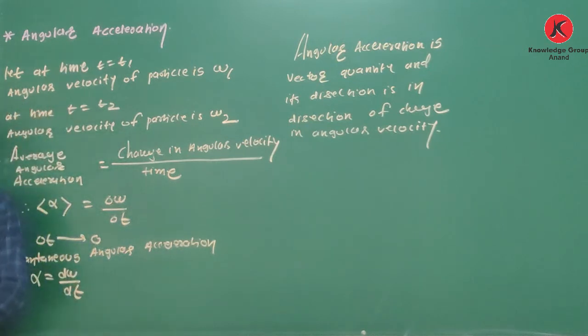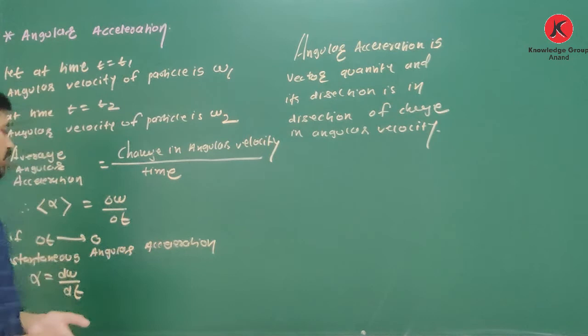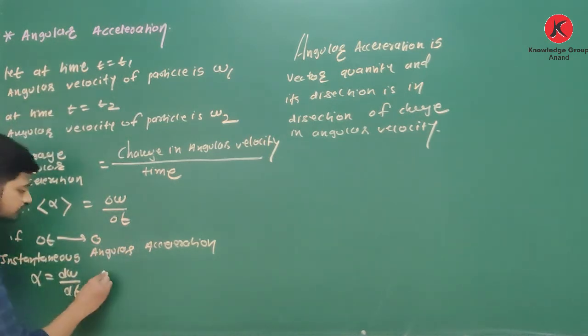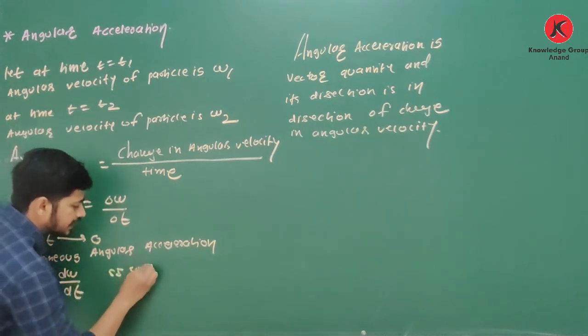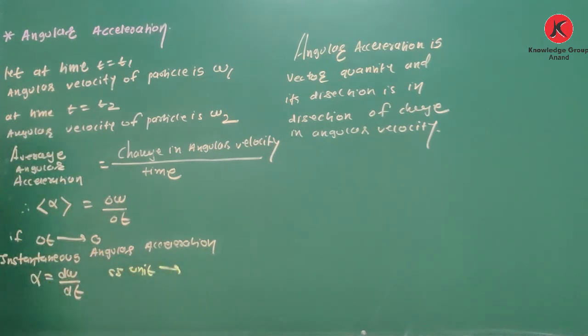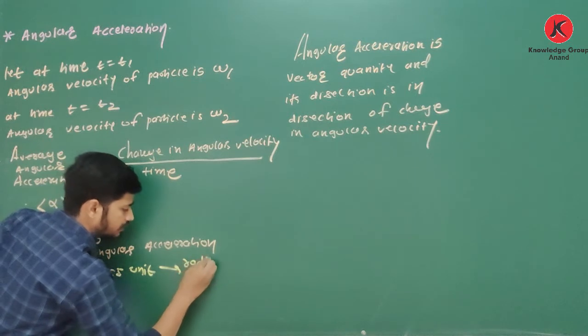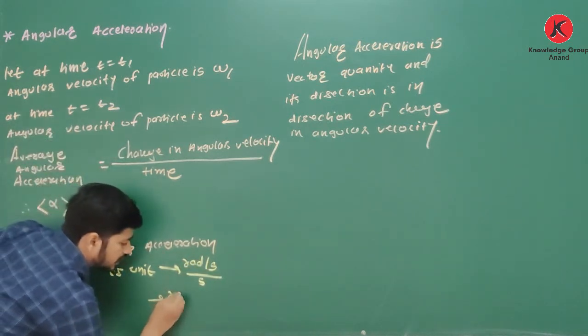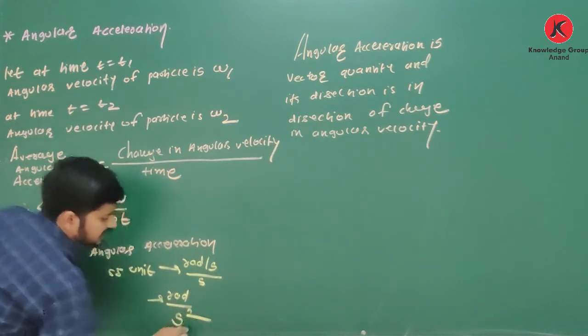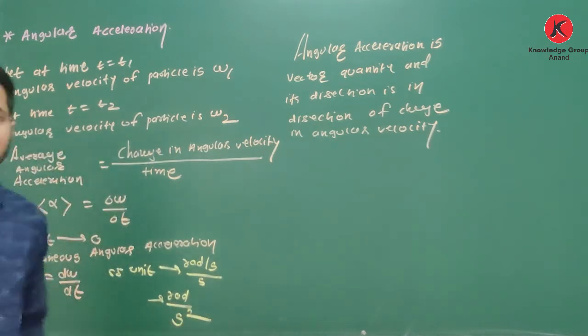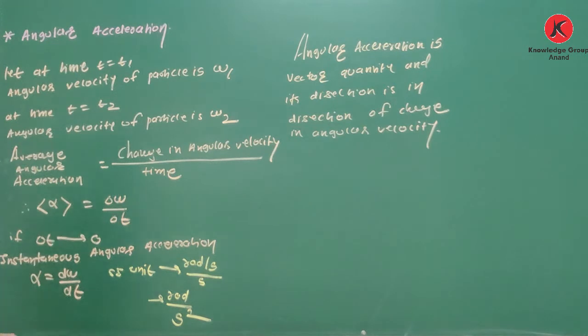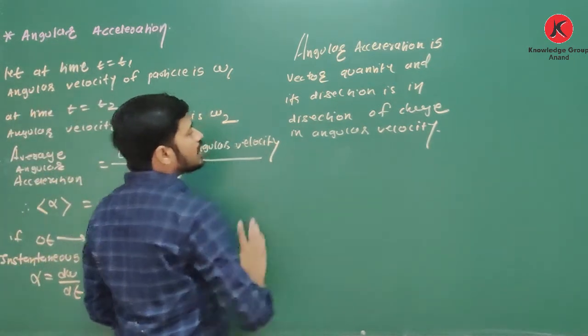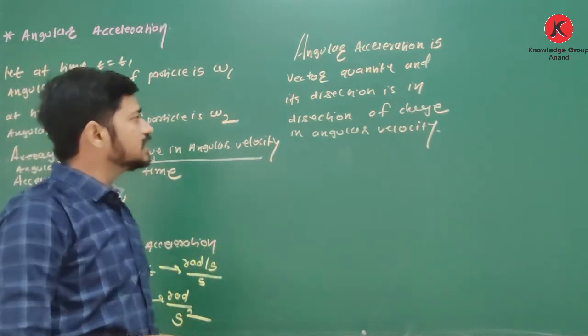Okay, what is direction of angular acceleration? It is in direction of change in angular velocity. Now, instantaneous angular acceleration, it is d omega upon dt. So its SI unit: omega's SI unit is radian per second divided by time, so second. So its unit is radian per second square. Okay. Now, angular acceleration is in direction of changing angular velocity.